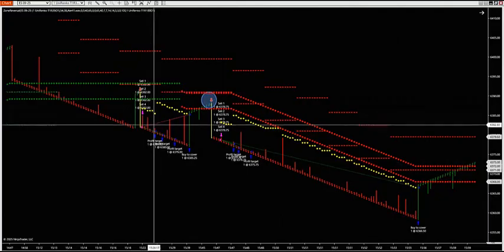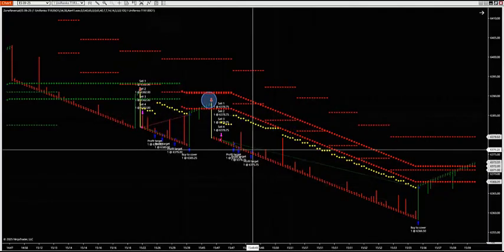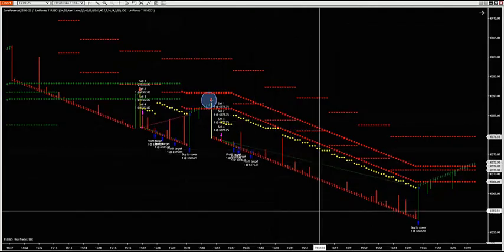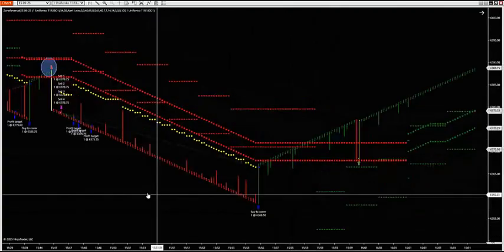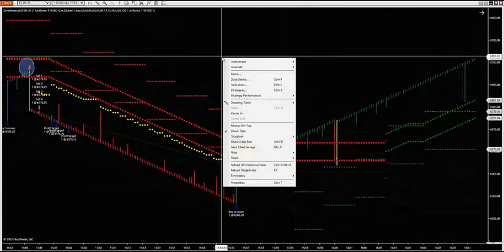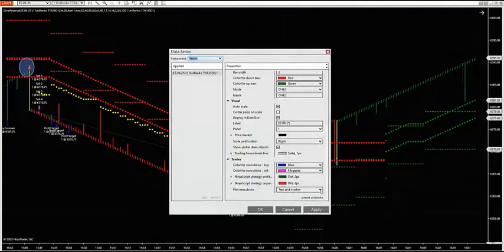But if you want a smaller stop, the trail will get you out, best of both worlds. Either it's going to hit your trail or the hard stop that you put in. You can auto trade that if you want. Okay. So you can use it as an indicator or you can use it as a strategy.